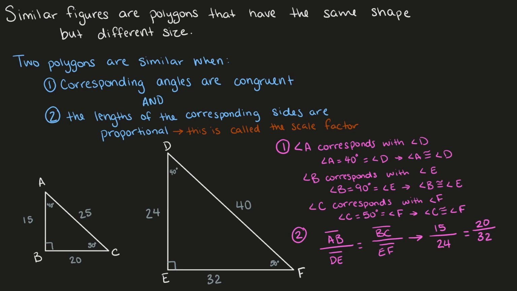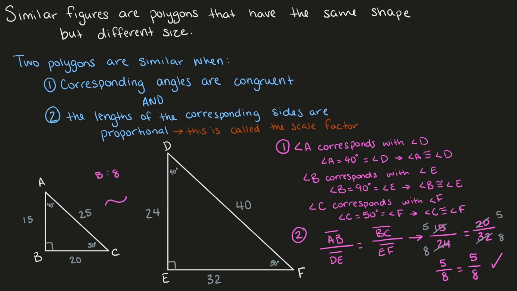Now we'll simplify. 15 and 24 have 3 in common, so if we divide both by 3, we get 5 and we get 8. 20 and 32 have 4 in common, so if we divide both by 4, we get 5 and 8. So we get 5 over 8 equals 5 over 8, which is true, and that means these two triangles are similar, and our scale factor is 5 to 8.